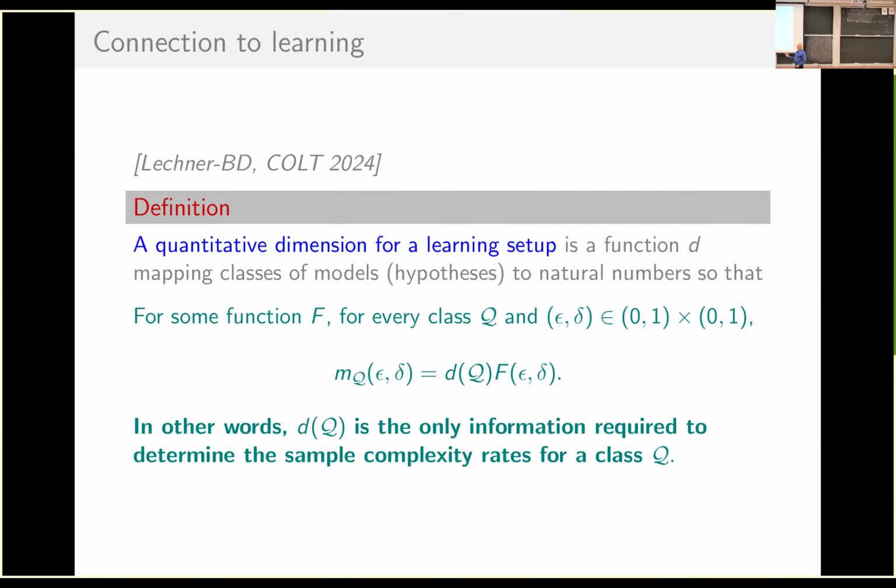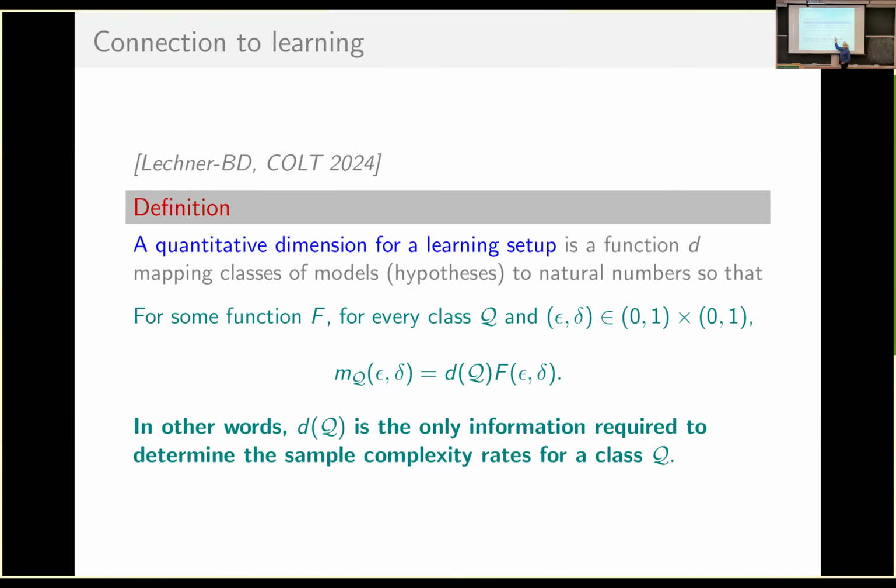Of course, in order to show that there is no dimension, I have to tell you what a dimension is. And as a model, we look at the VC dimension. A dimension is something where I give you a family of probability distributions, and you want to look at the learning rate. If you want to approximate up to epsilon with probability greater than 1 minus delta, you want to find which element of Q generated the sample.